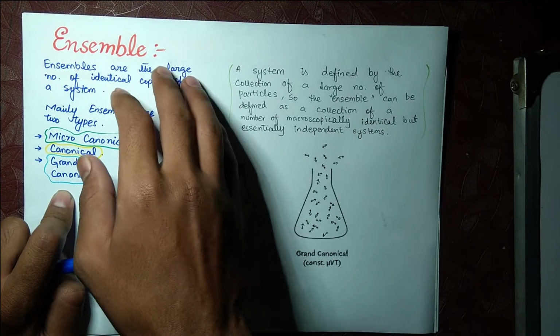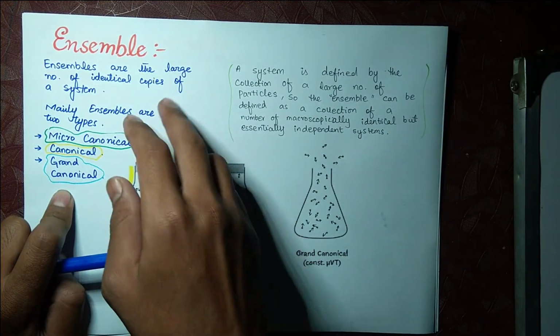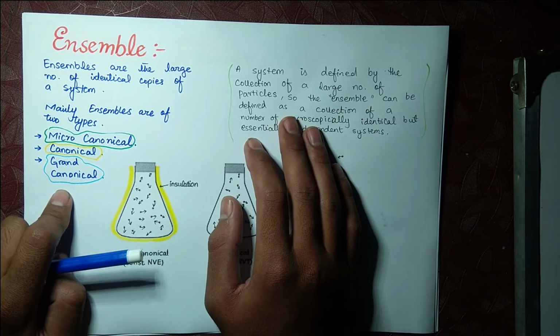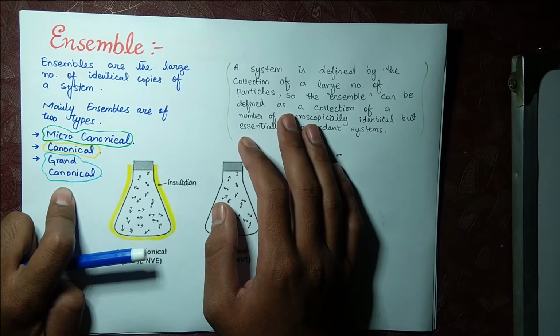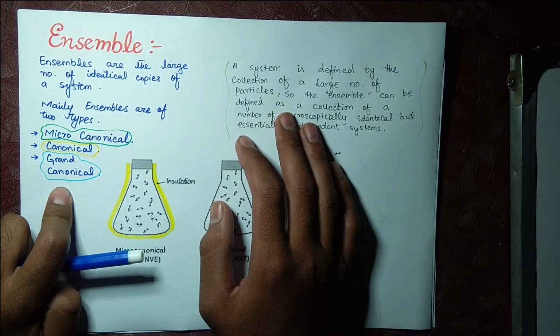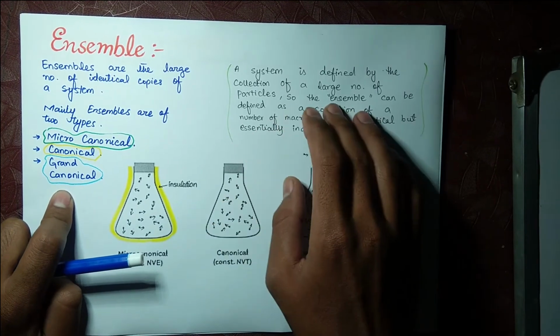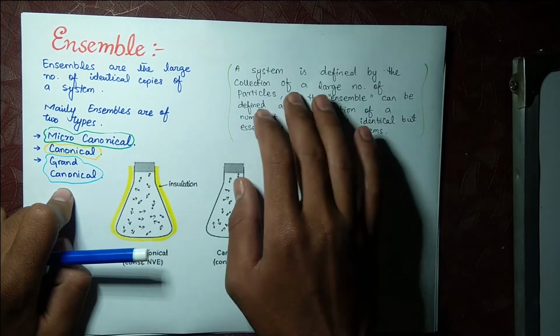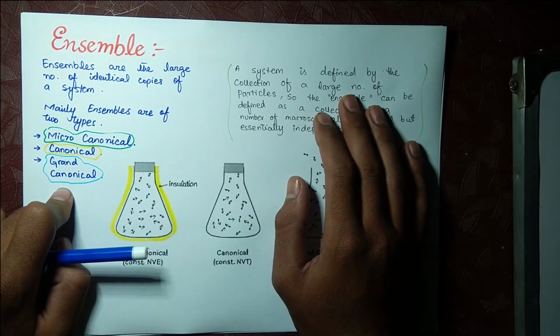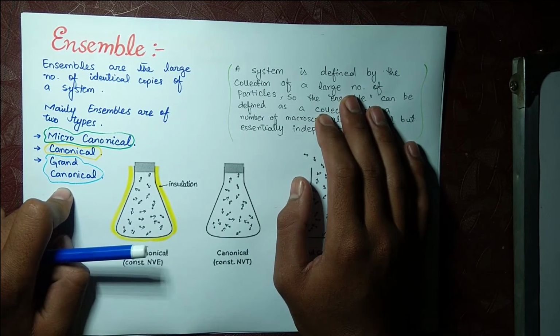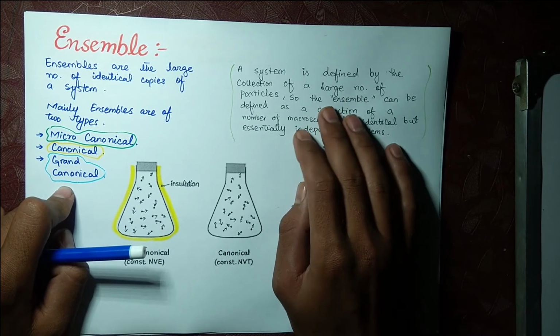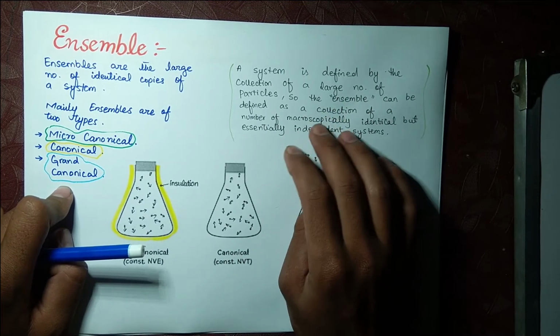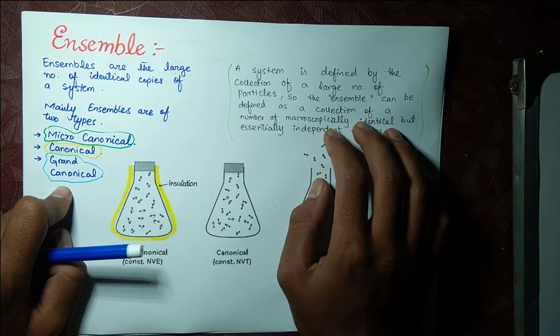Ensembles are generally a large number of identical copies of a system. First we read this definition also. A system is defined by a collection of a large number of particles. The ensemble can be defined as a collection of a number of macroscopically identical systems.